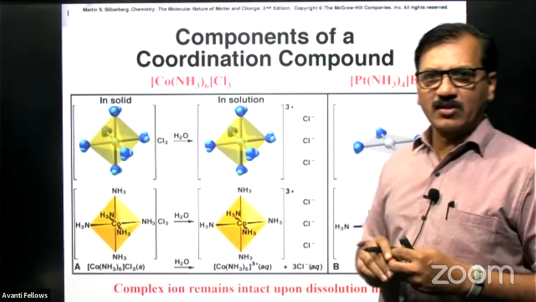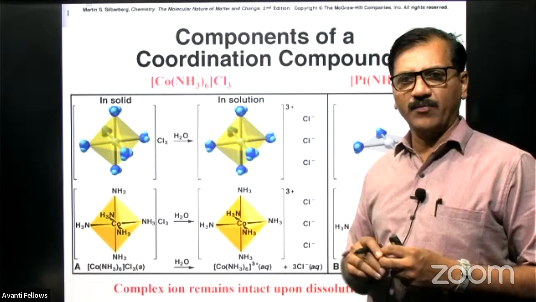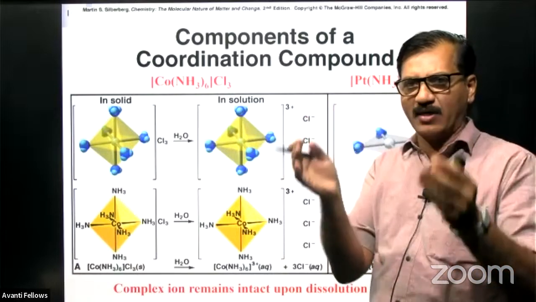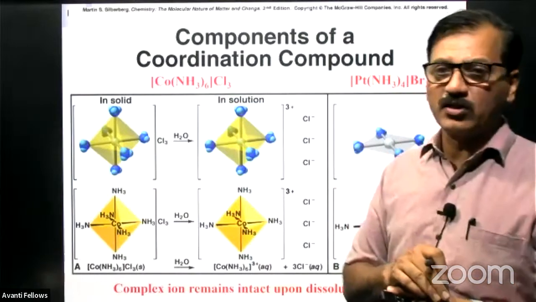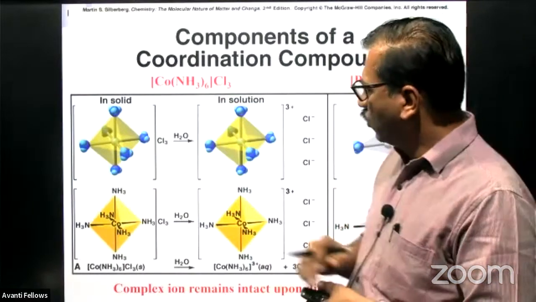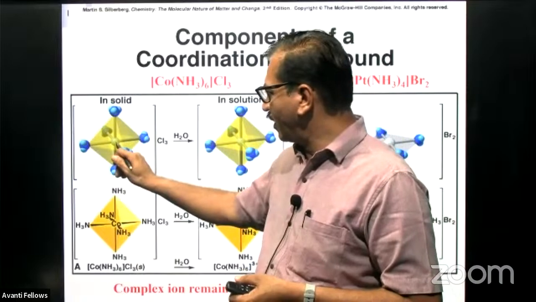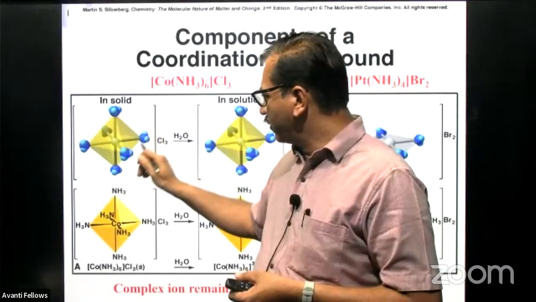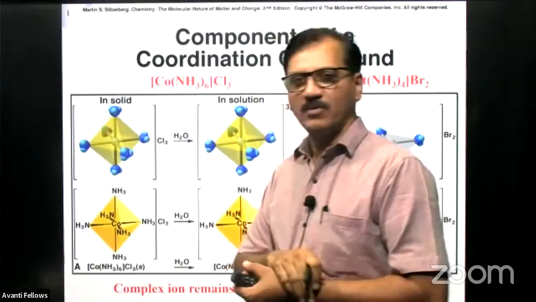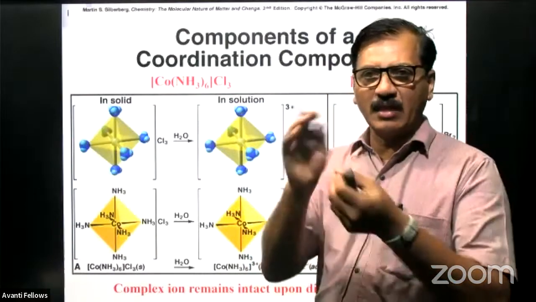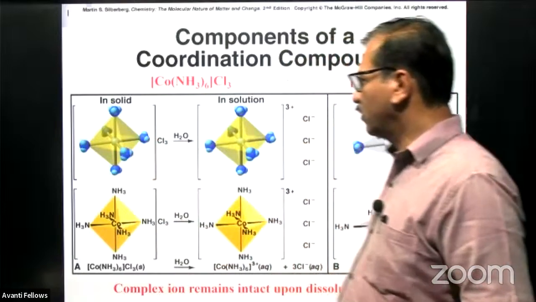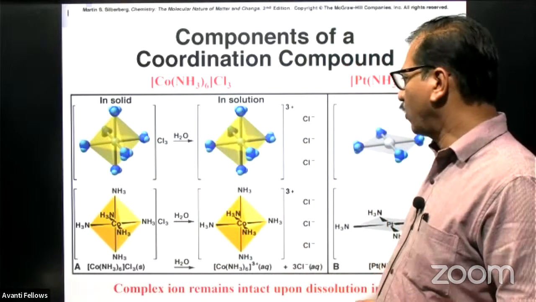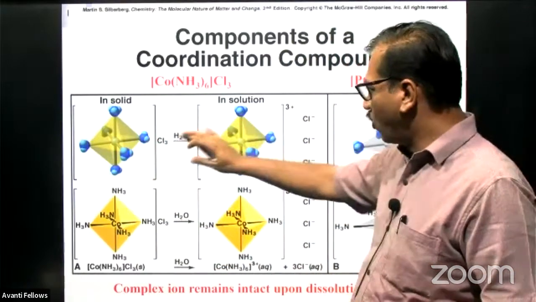Usually these ligands form a definite geometry with the central atom. This geometry is called the coordination polyhedron. You can see here there is a central atom and 6 ligands arranging themselves in an octahedral geometry.